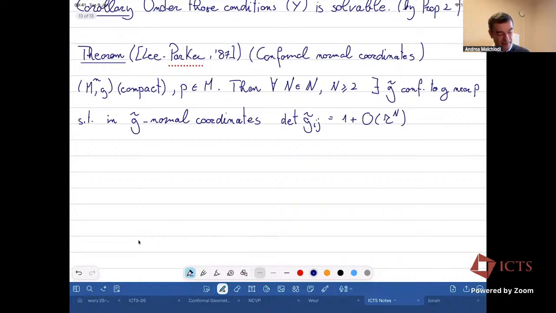Here r is the distance with respect to the metric g tilde from P.